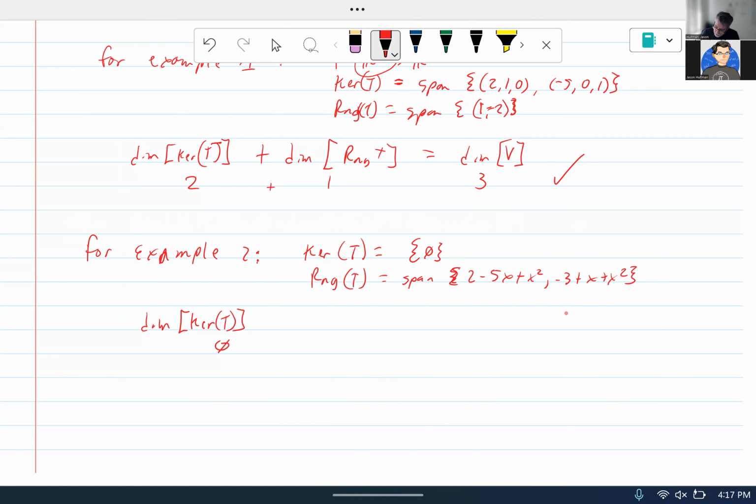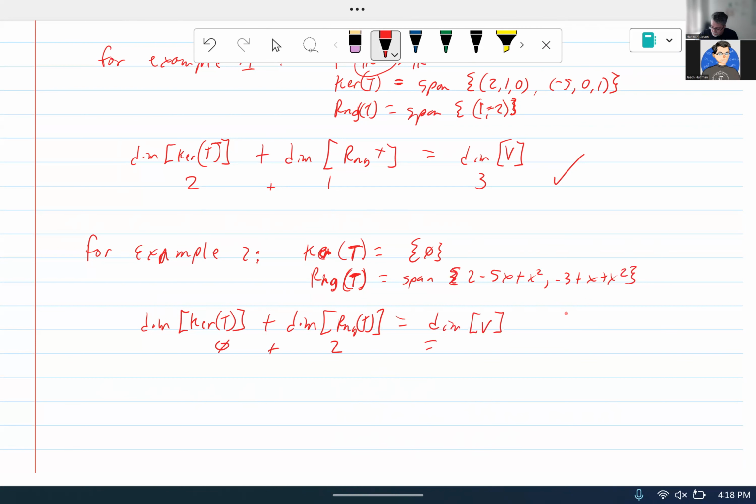So that's the range of T. And what's the dimension of the range of T? It's 2.